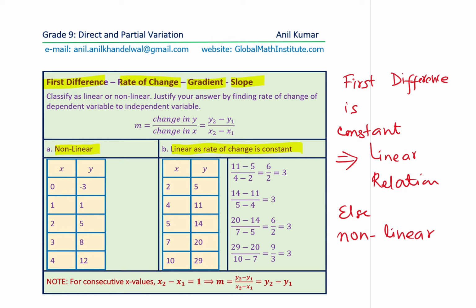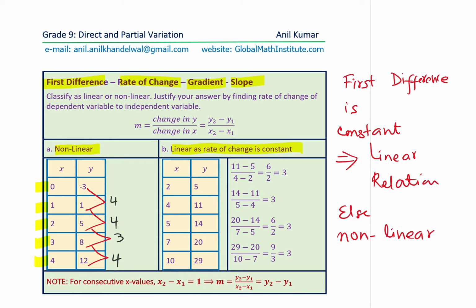Now in this case, we have taken two examples. You will find that the values of x are changing by 1. So in that case, you just find the difference between the consecutive y terms and you get the first difference. So the first one, 1 minus minus 3 is 4, 5 minus 1 is also 4, 8 minus 5 is 3, but 12 minus 8 is 4.